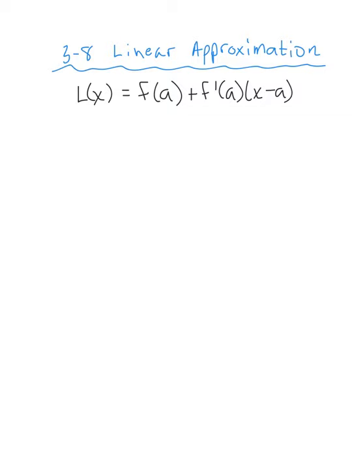Now there are some people that will let this value right here be f prime of a times the change in x. So this right here is your change in x. x is the value that we're trying to approximate, and a is the value that's really close to this value that we're trying to approximate.